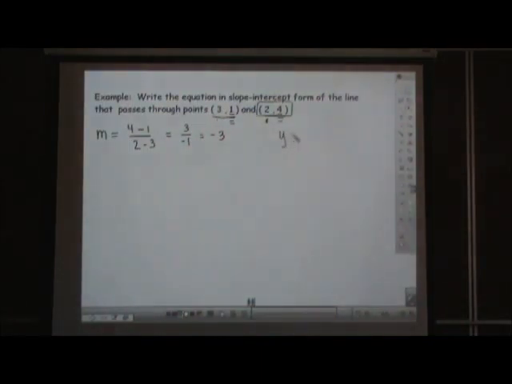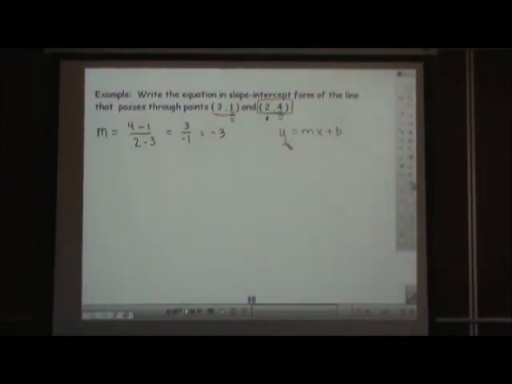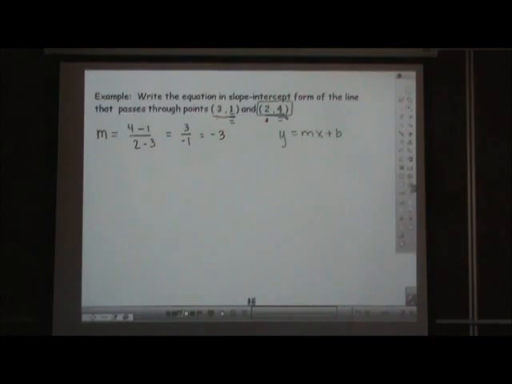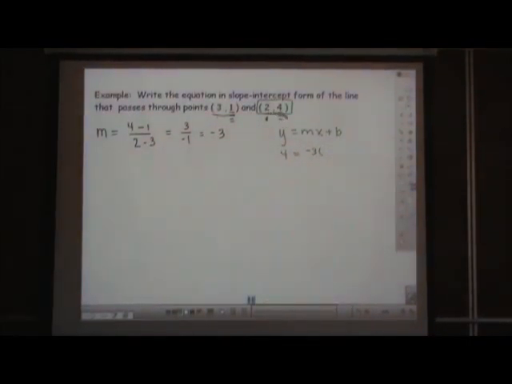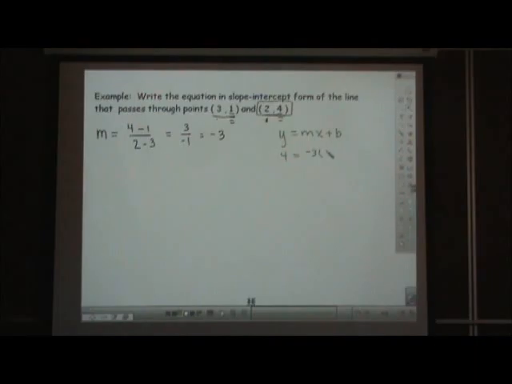So as I'm starting with my y equals mx plus b, I'm going to fill in for y, I'm going to use the 4 that's in the ordered pair that I chose. So 4 equals, for m I have to use the number I found over here, which is -3. And for x, I got to use the x from the ordered pair that I also used for the y, so I have to use the 2.